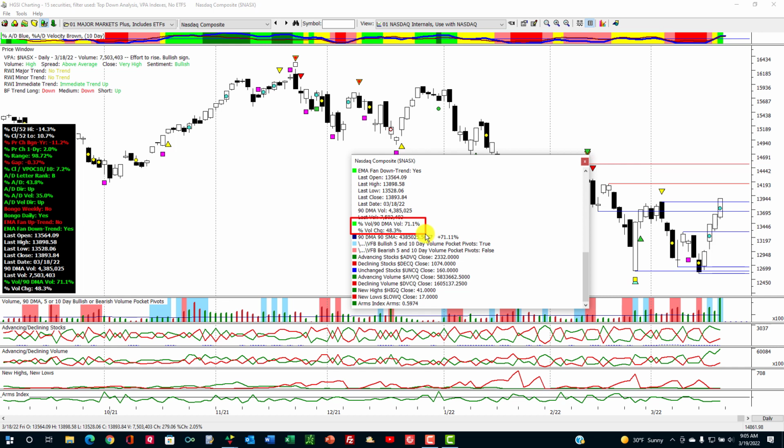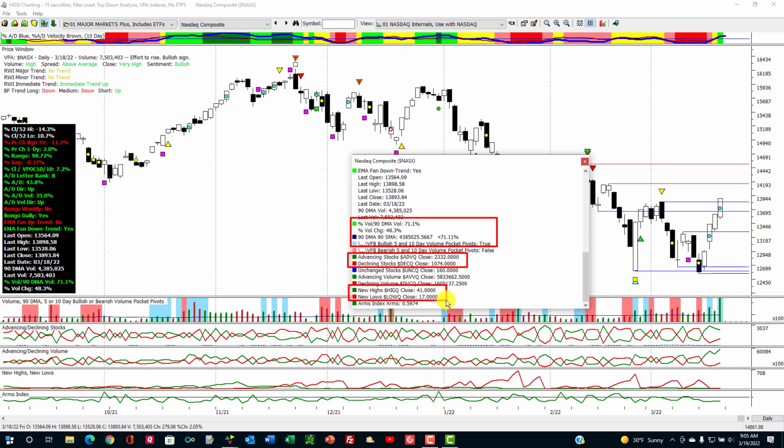Volume changes up 48.3 from the prior day. And there's that 71.1 again. We had a pocket pivot. Okay. Advancing versus decliners, it was really only about 2.3 to 1, so it wasn't extreme there. I thought it would be higher than that.